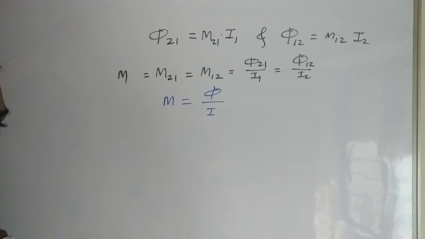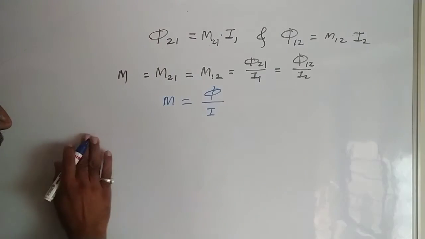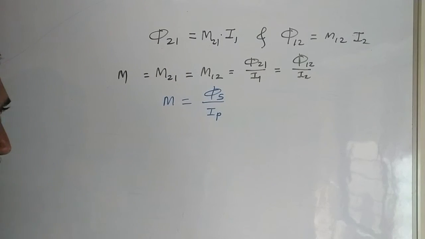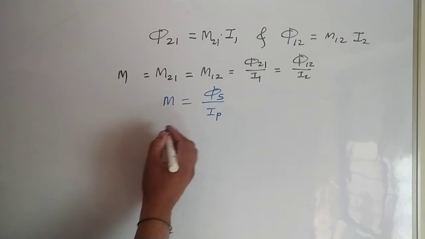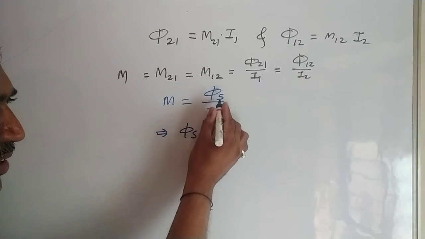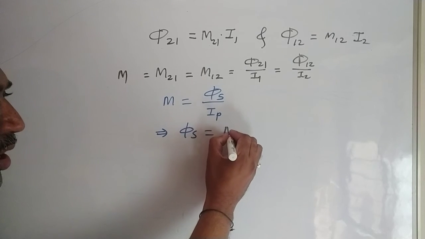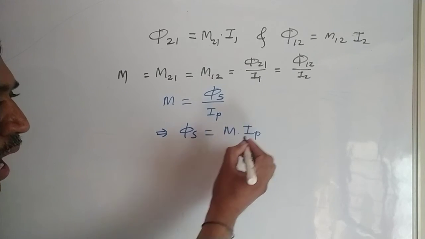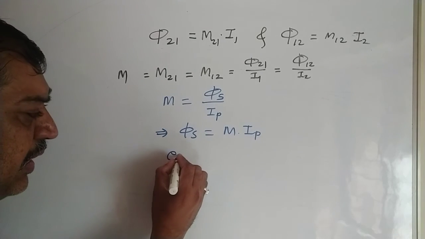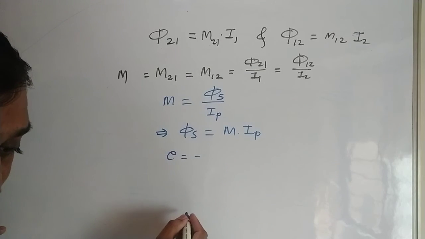If current flows through the primary coil, it will induce an EMF in the secondary coil. Phi S divided by phi P, like this. From this, find the value of phi S: the magnetic flux linked to the secondary coil is M into IP. Now use Faraday's law, E equals minus d phi by dt.